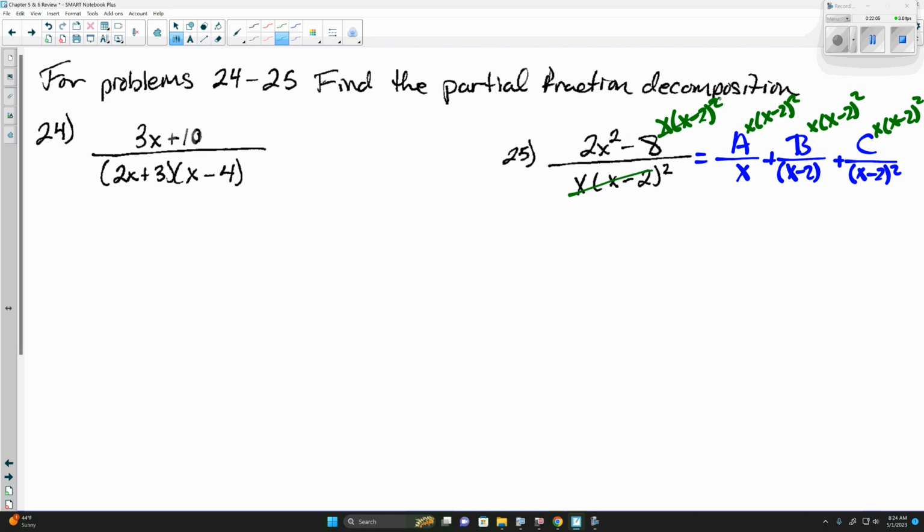For the first one here, everything cancels, leaving us with 2x squared minus 8 is equal to a, well, x and x cancels, leaving us with x minus 2 squared, plus one of the x minus 2's will cancel, telling us that we have bx times x minus 2, plus x minus 2 squared cancels, leaving us with cx.